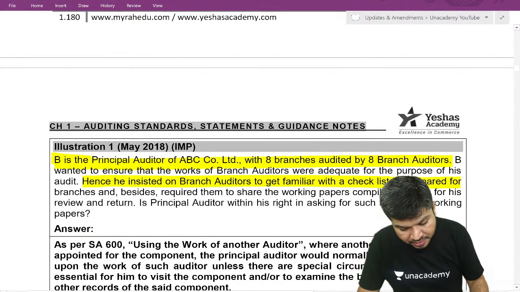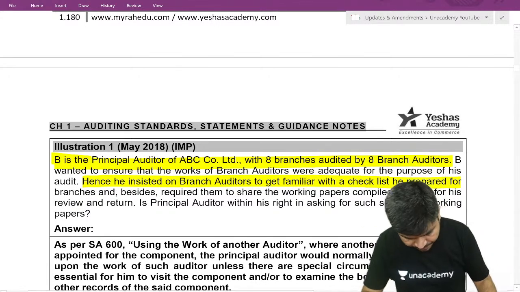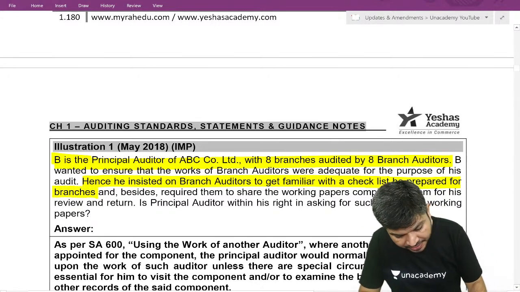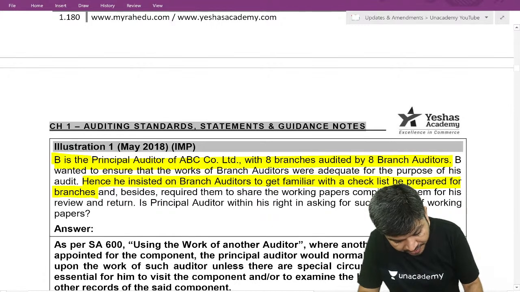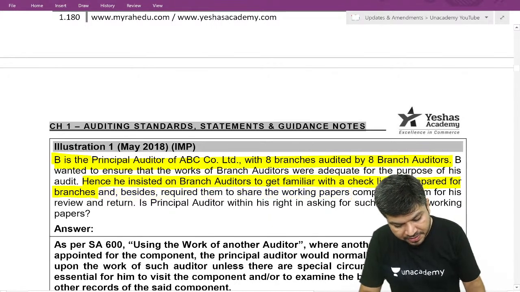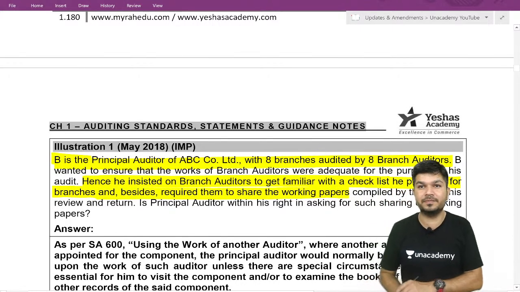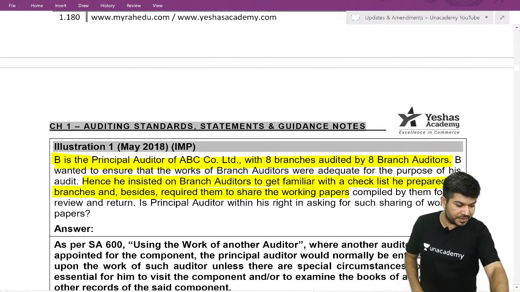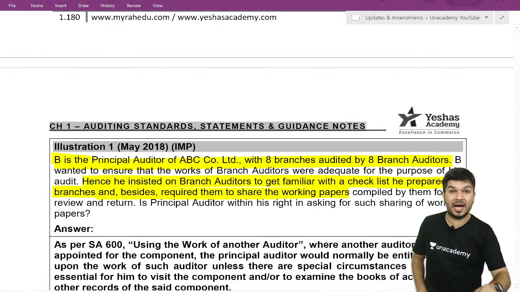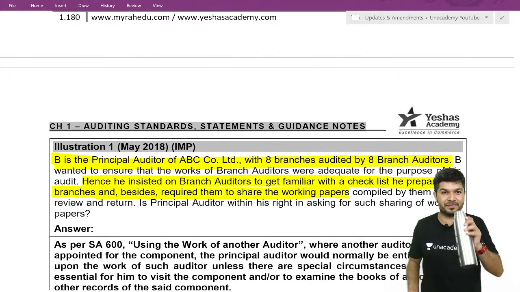He wanted the branch auditors to follow the checklist he had prepared for branches, and he required them to share the working papers. Okay, now can a principal auditor ask for the working papers of a branch auditor?